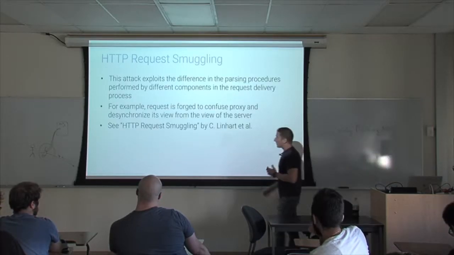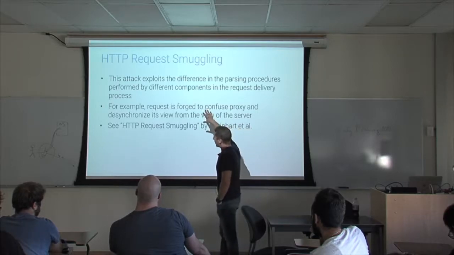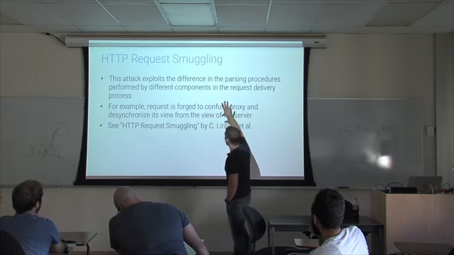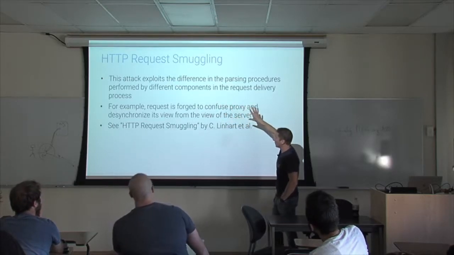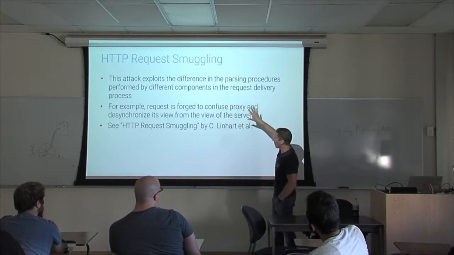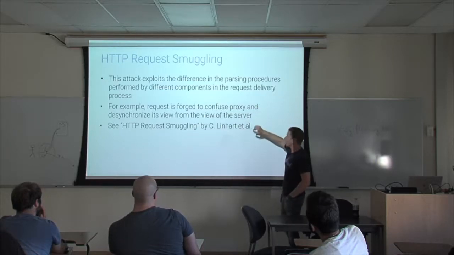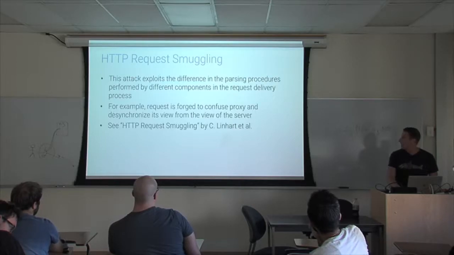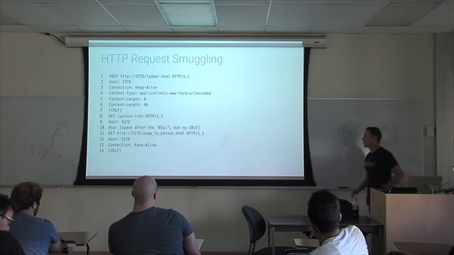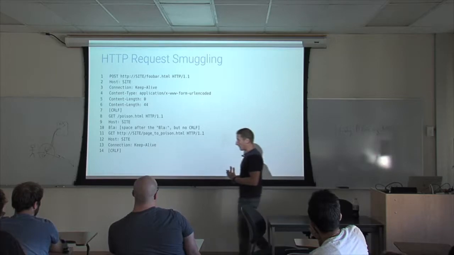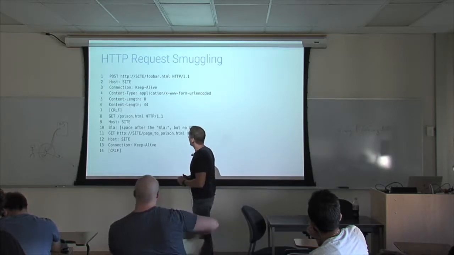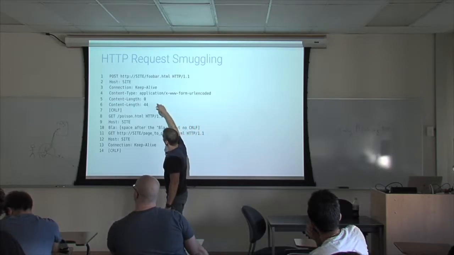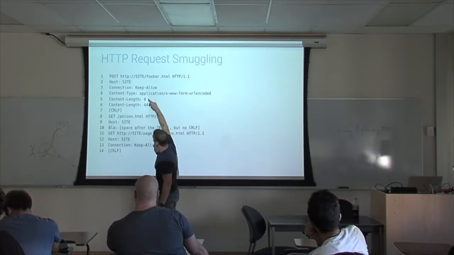A second way to do this is request smuggling. And here, what's exploited is the difference in what the server and the proxy use for parsing. So you forge a request to confuse the proxy and, once again, cause a cache poisoning attack. So in this case, for example, you can see there is a request, and there are these two headers.